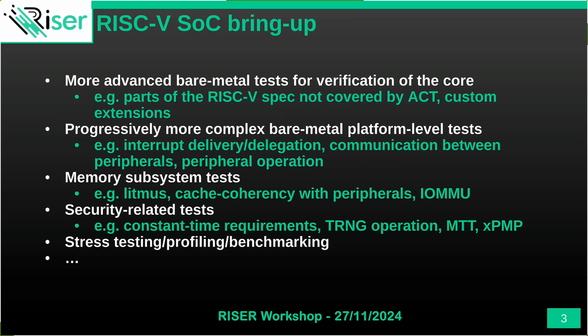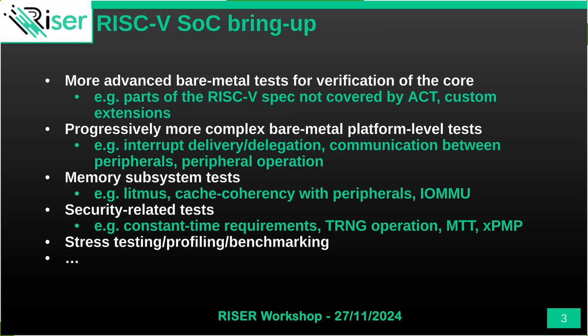As the process moves on, we need to create more complicated tests, and those tests cannot be run under these circumstances. So when we do have the design on the FPGA, we need to start working on more complicated tests that not only test the core, they test the interoperability between the various IPs in the SoC.